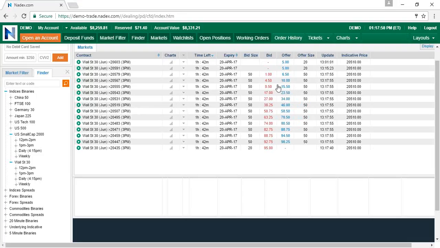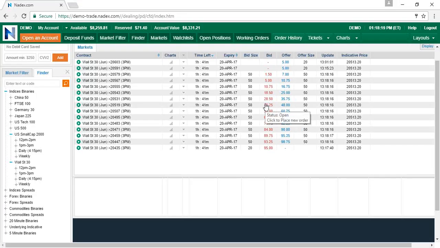That makes sense? Because we know that the at the money binary is always going to be around $50 until right close to expiration. So what we can do there is we can utilize this strike ladder for short-term moves.